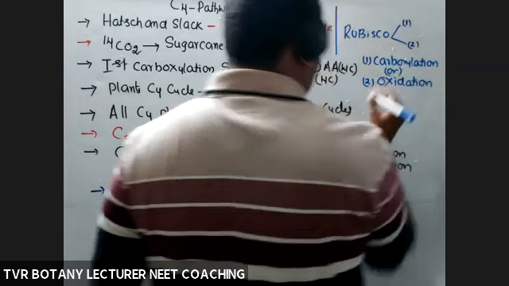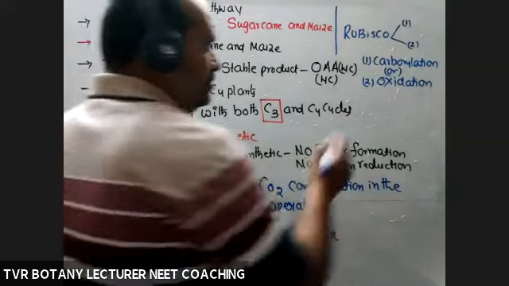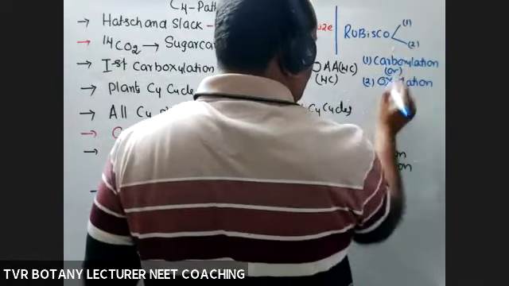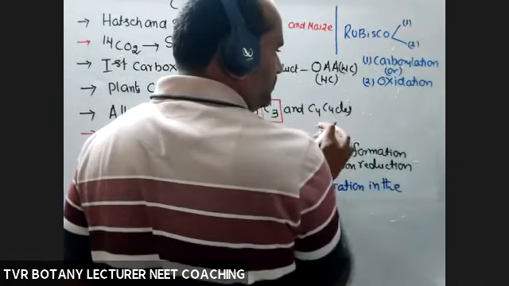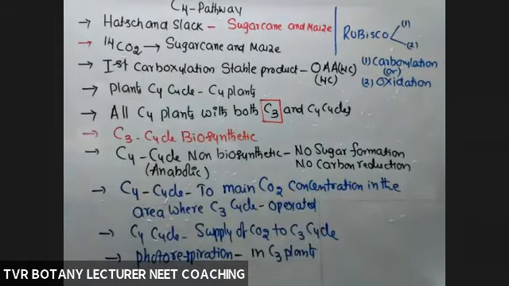So it is able to perform either carboxylation or oxidation. If it is carboxylation, C3 cycle. If it is oxidation, photorespiration. If it is carboxylation, CO2 is accepted by Rubisco. If it is oxidation, oxygen is accepted by Rubisco.